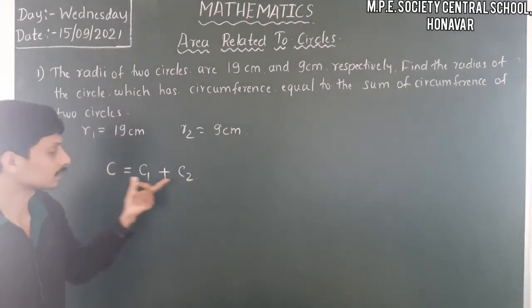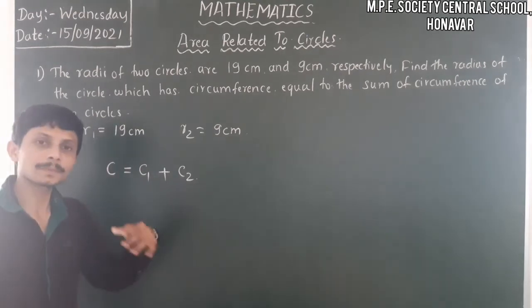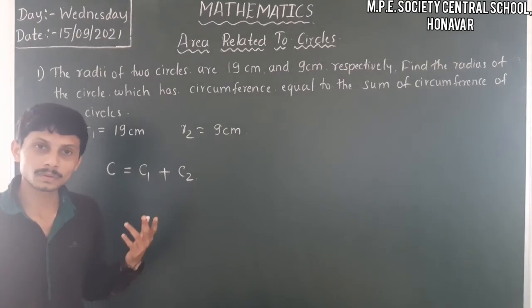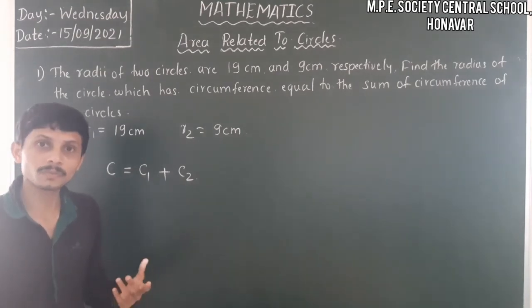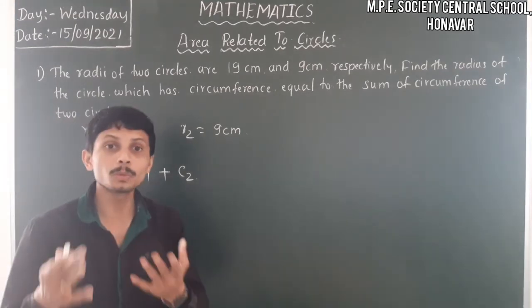So we have the equation here. Then we substitute the formula for the circumference of a circle. We already know that the circumference of a circle is 2 pi r.